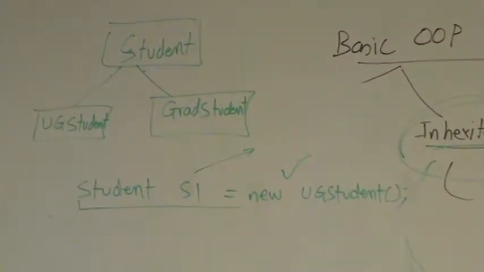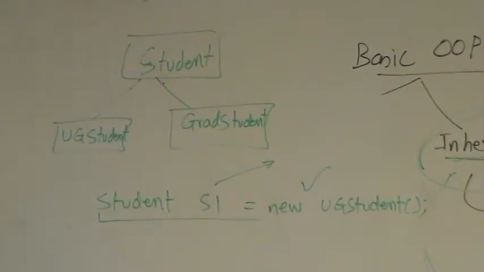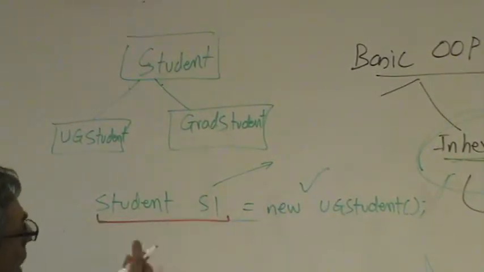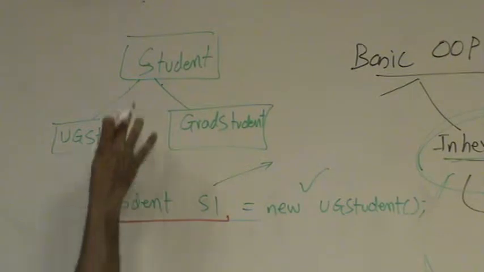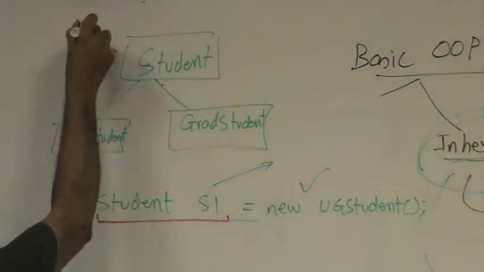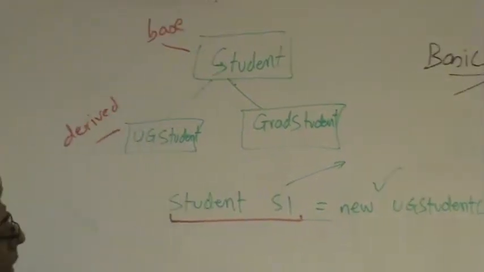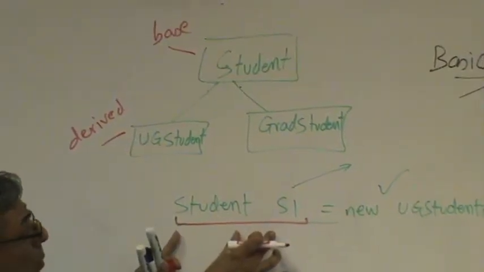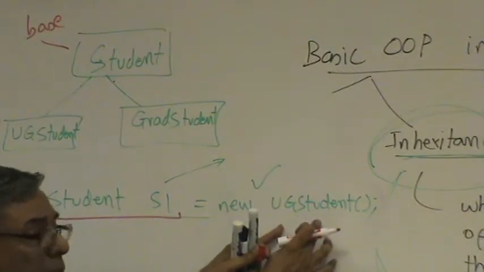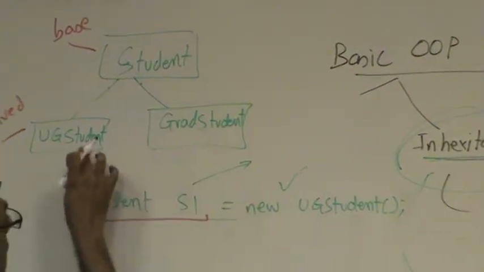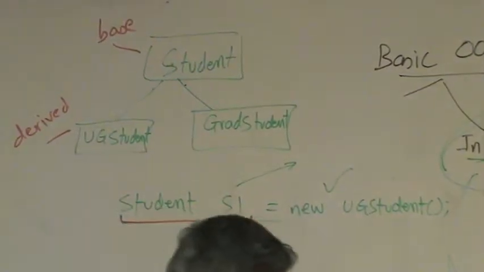Now if you examine this statement, what type of reference is it? Student is the base class, right? This is the derived. So as you can see, a base class can point to an object of the derived class, which is the undergrad student.